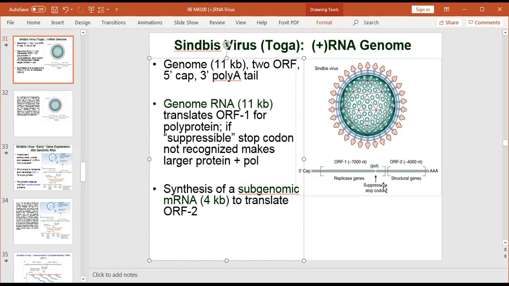But if the suppressible stop codon within open reading frame one is not recognized, it makes a larger protein, the entire region, as well as the polymerase. It also synthesizes a subgenomic messenger RNA, a small fragment of RNA that is about 4 kilobase, and it can translate open reading frame 2.